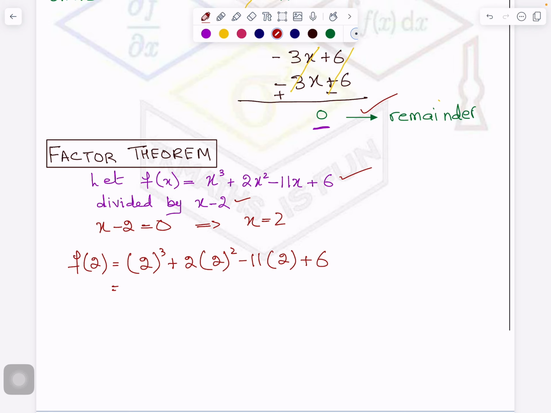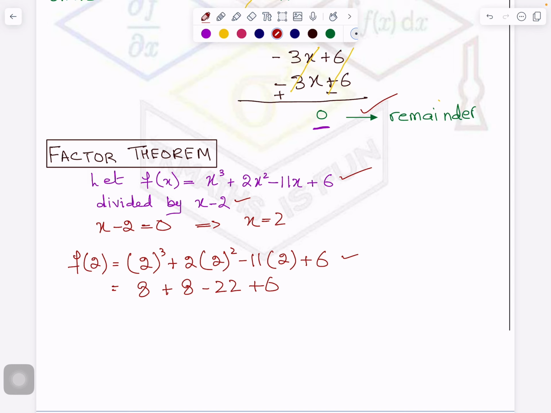So after this, let's use the calculator and do it. 2 power 3 is 8. You can use the calculator directly here and write down the value directly, right? So the first substitution is the important step, but after that, it is not necessary that you show all these steps.